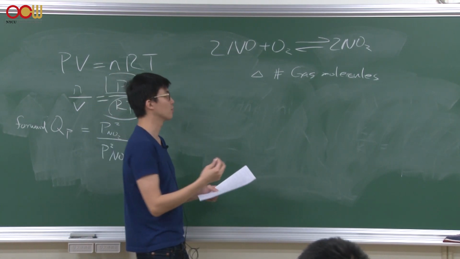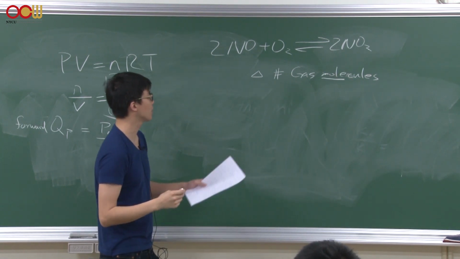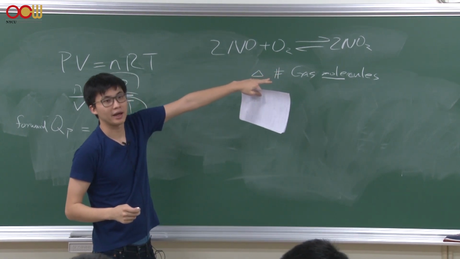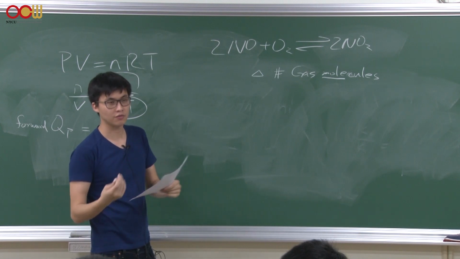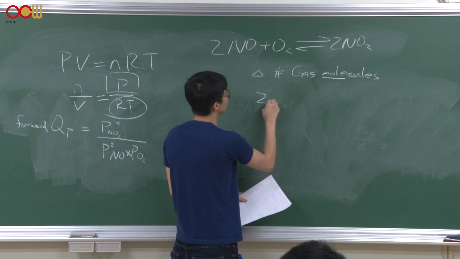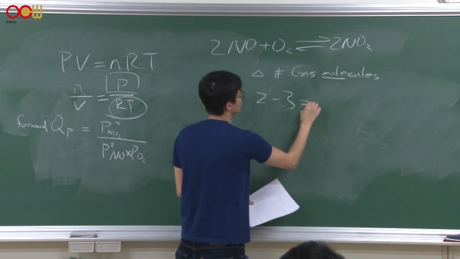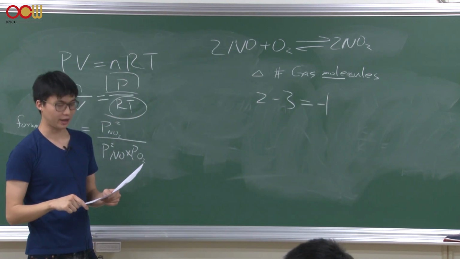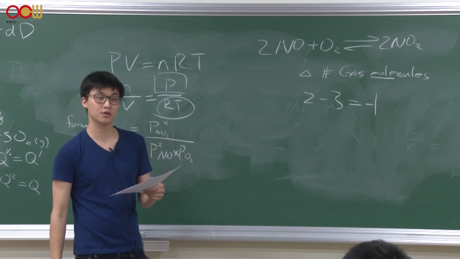He just used the word mole to describe the number of gas molecules. If we look at this change, again, it's always final minus initial, final over initial, okay? We have 2 moles of gas at the end of the reaction, and you begin with 3, so you get the exponent of -1.